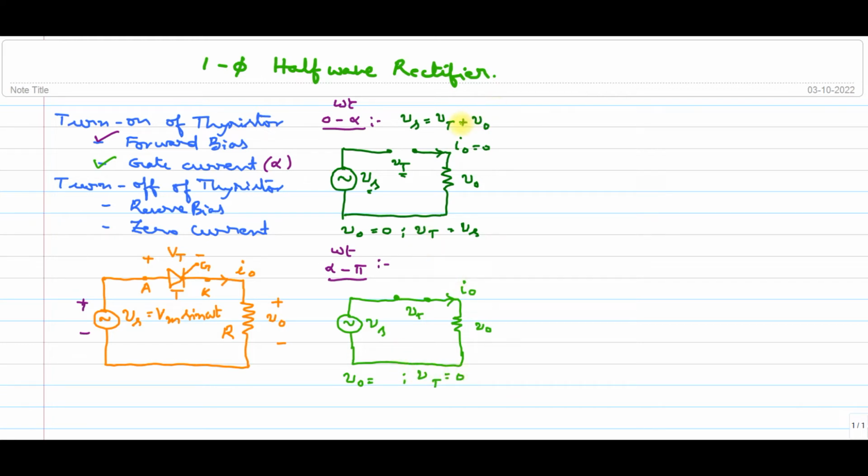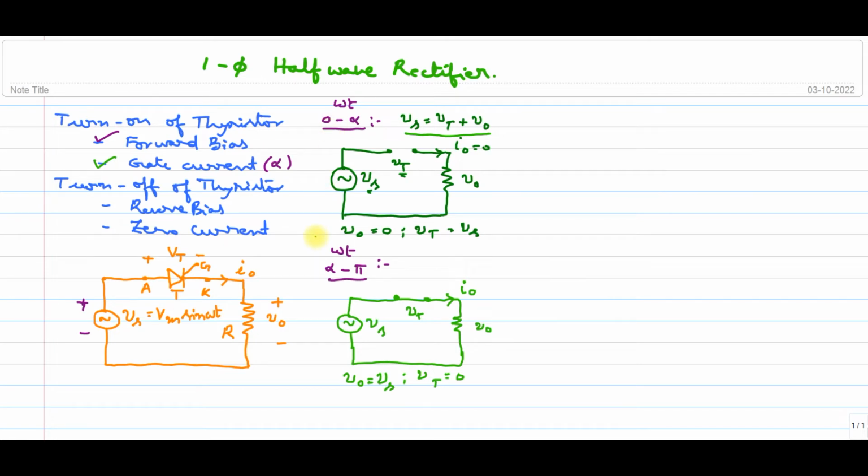If I substitute in this formula, with Vt equal to 0, Vs is equal to V0. So V0 is almost equal to Vs. Of course, a small drop of Vt will be there, but that is very less, so we can neglect the same.